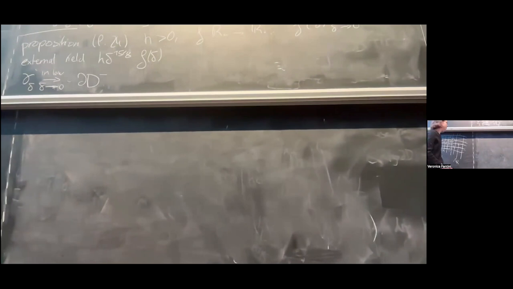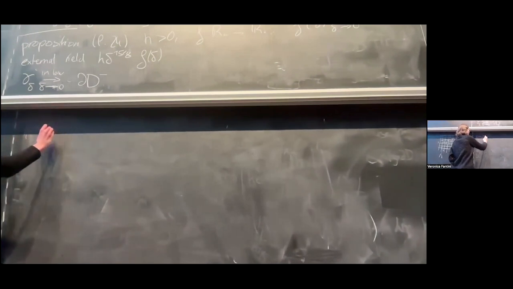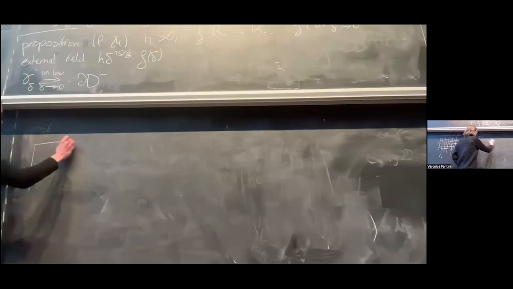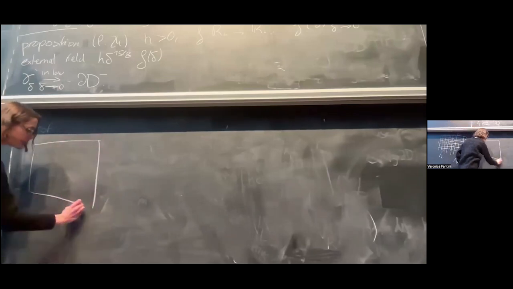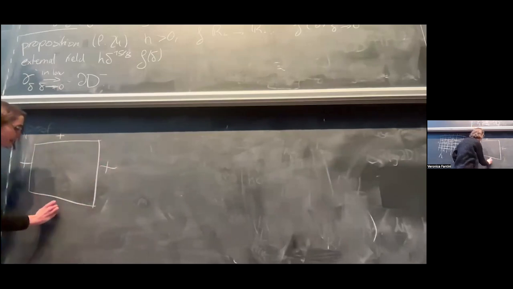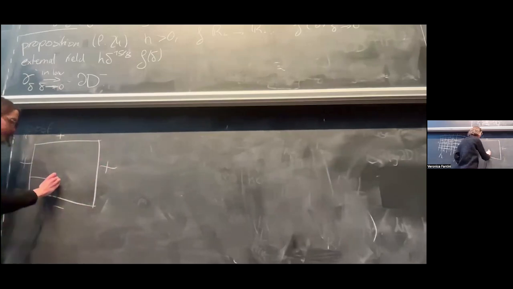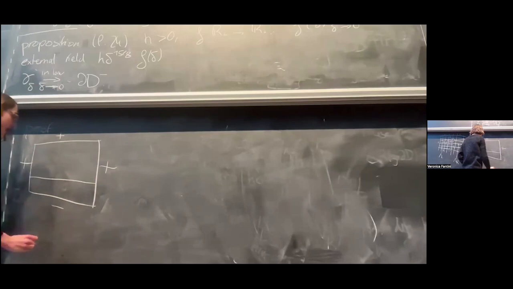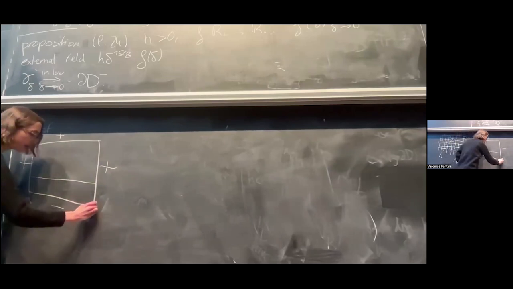So maybe let me say roughly why you have this. In a simplified setting, let's say you have a box and you have those boundary conditions. It doesn't matter, but to make drawings it's easier. And you start your curve here, and you want to end here.